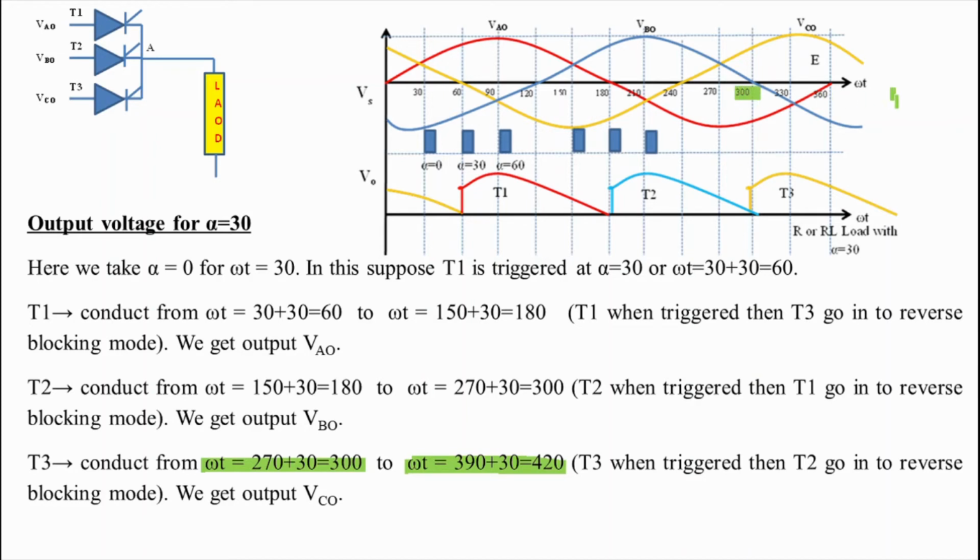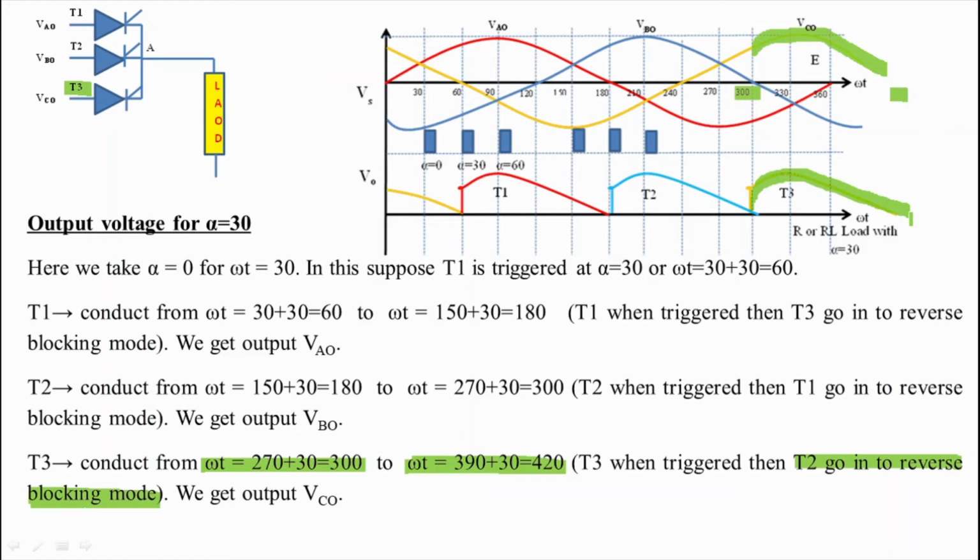And when T3 is triggered, then T2, which was already conducting, will automatically go into reverse blocking mode. So in this case we will get output voltage equal to VC naught, from 300 degree to 420 degree.